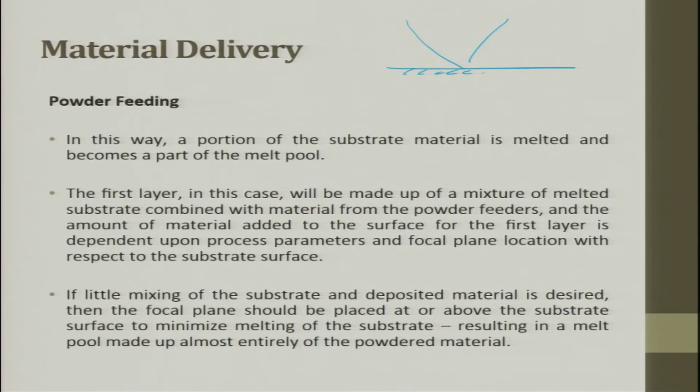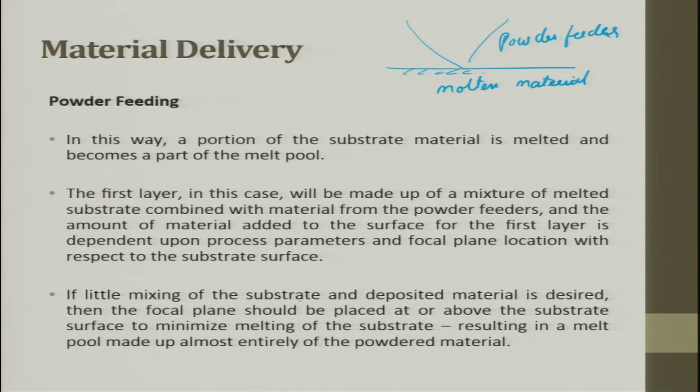So, with the material from the powder feeder, this is the powder feeder, this is molten material, and the amount of material added to the surface for the first layer is dependent upon process parameters and focal plane location with respect to the substrate surface.